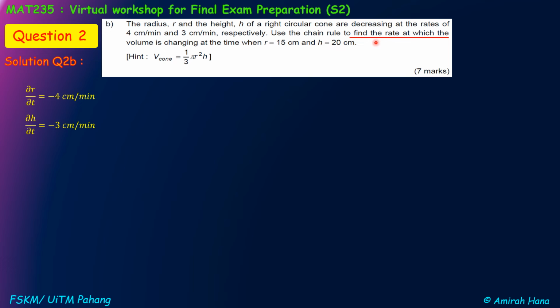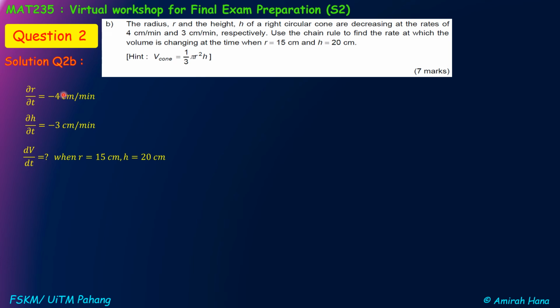Use the chain rule to find the rate at which the volume is changing. So we can use the symbol dv over dt equals to question mark, because we want to find it, when r equals to 15 cm and h equals to 20 cm.